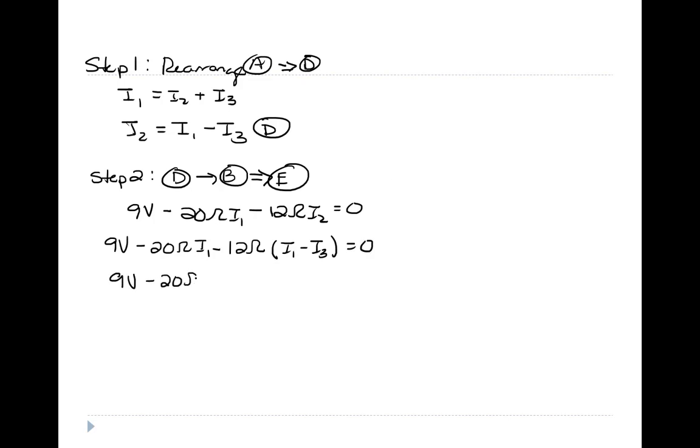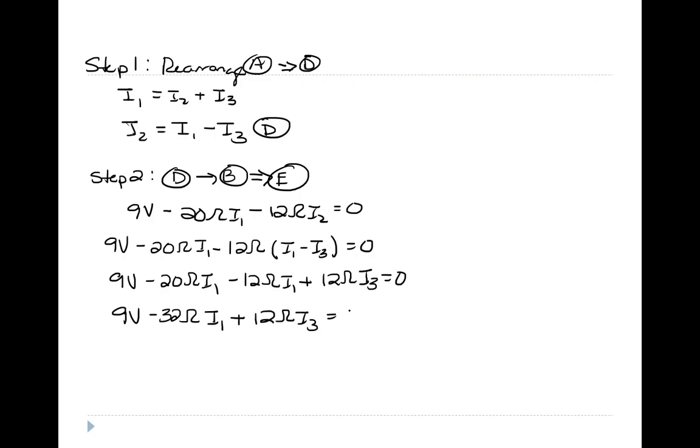And now I need to remove the parentheses and combine like terms. So 9 volts minus 32 ohms I1 plus 12 ohms I3 equals 0. And this is my equation E.